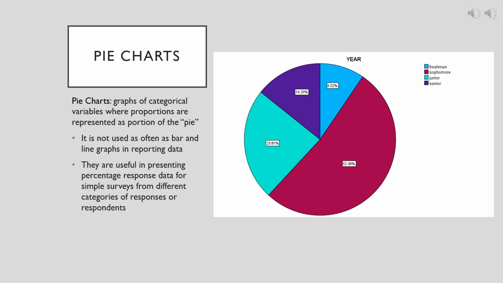And obviously the size of the pie slice is representative of the percentage that subcategory takes up. These are really useful, but you don't actually see them all that commonly in scientific manuscripts.